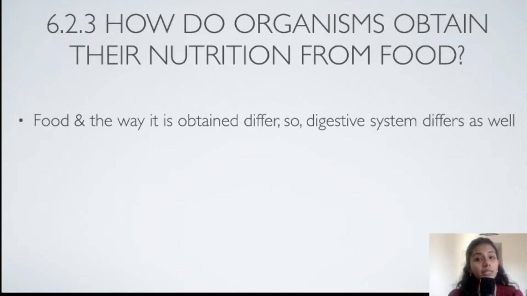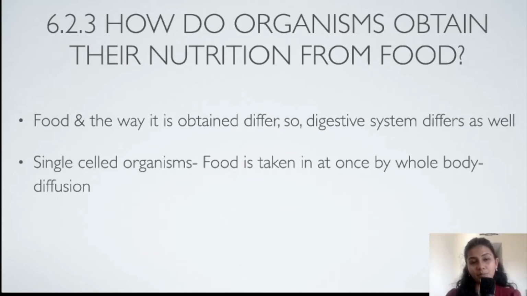In all these types of organisms, the process of digestion also differs. If we take the simplest organisms, the single-celled organisms, food is taken in at once by the whole body. That means the whole body absorbs the food at once.